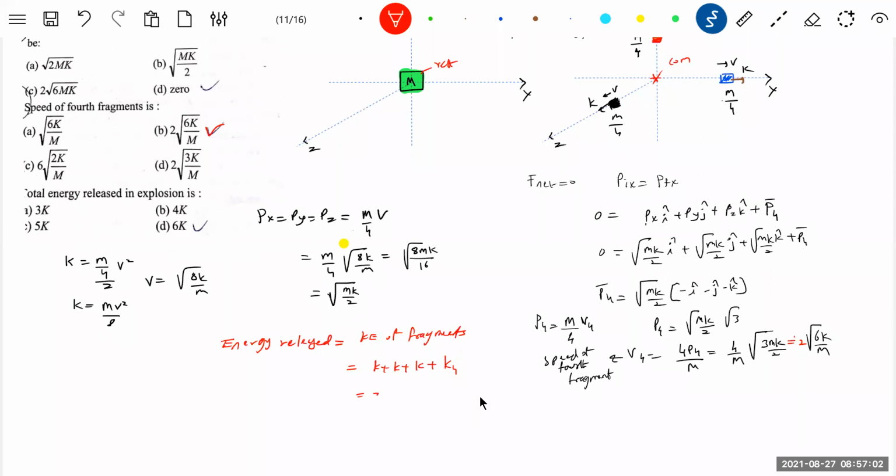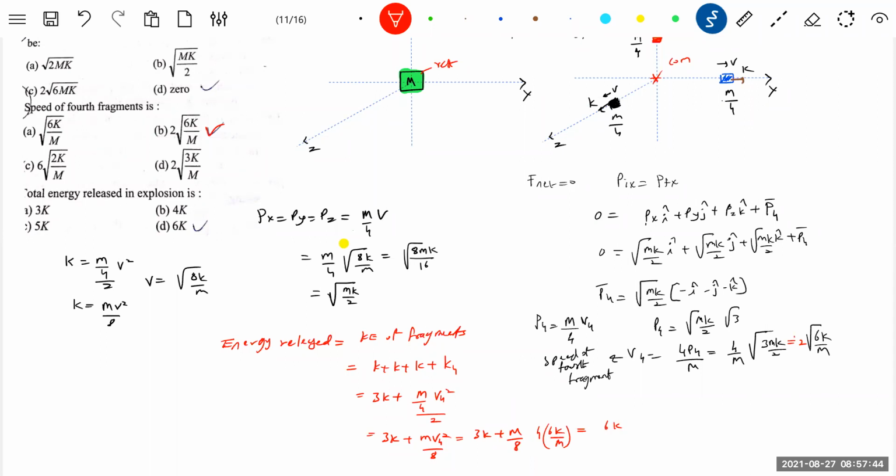So this should be equal to 3K plus m by 4 into v4 square, and v4 we just brought as 2 root 6 square, no? So this will be 4. 6K only will come. Yes, sir.